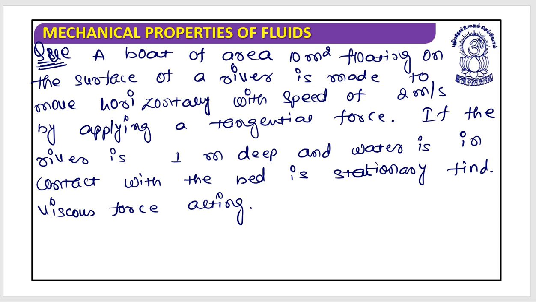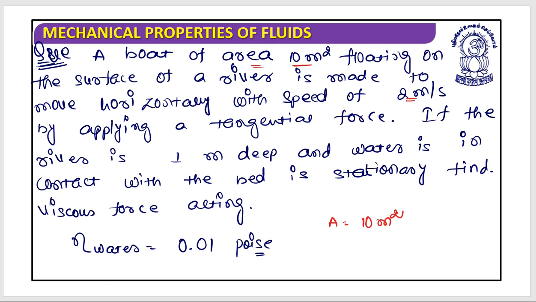How will you do this? They have given the viscosity of water, which is equal to 0.01 poise. So what they have given is that a boat of area 10 meter square is floating on the surface of a river, and is made to move horizontally with a speed of 2 meter per second.